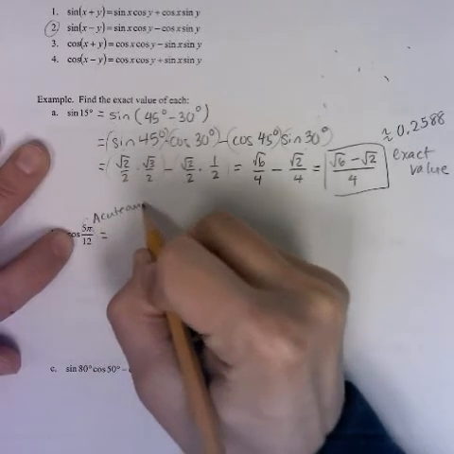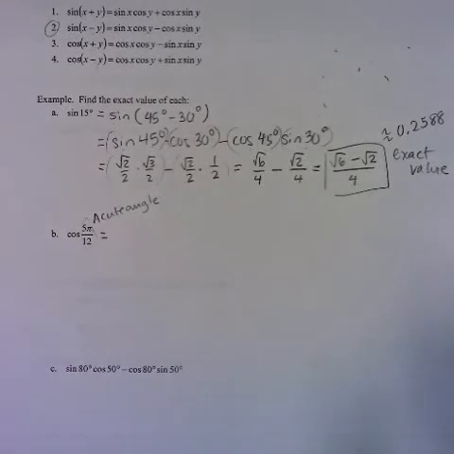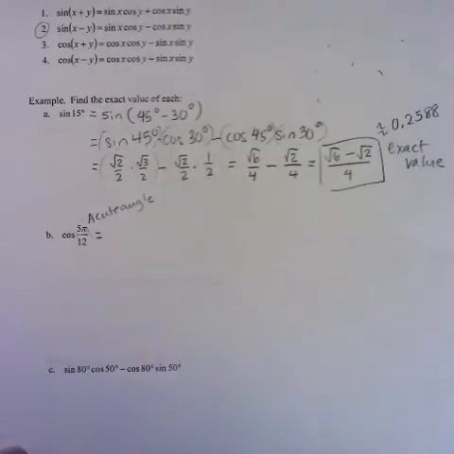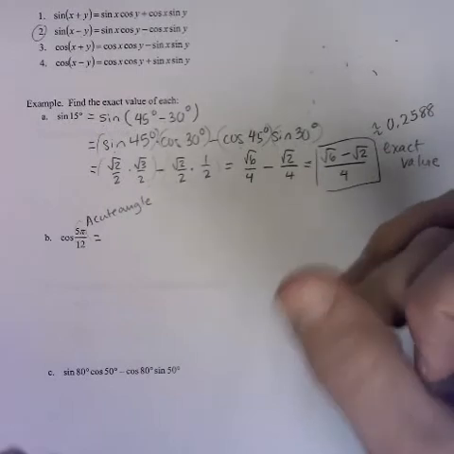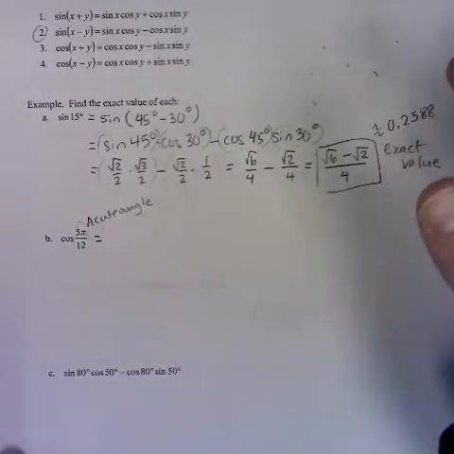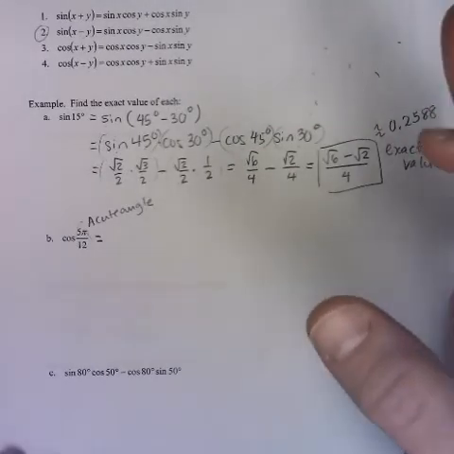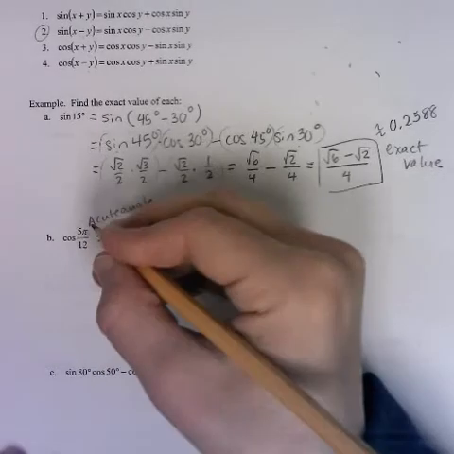I misspoke. Either way, with a denominator of 12, that's not one of the special angles, right? So we want a sum or a difference of two of our special angles or special numbers. We don't have to think of these as angles. That gives us 5 pi over 12.